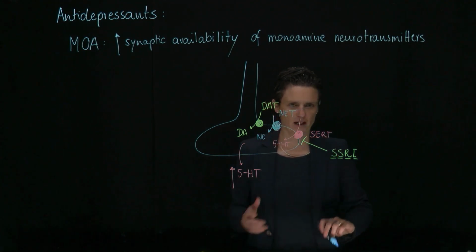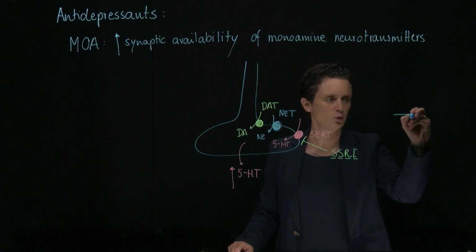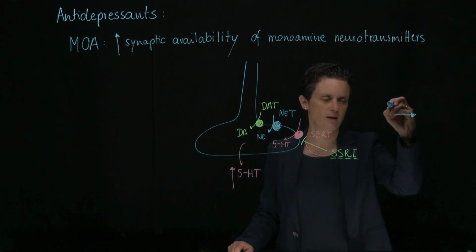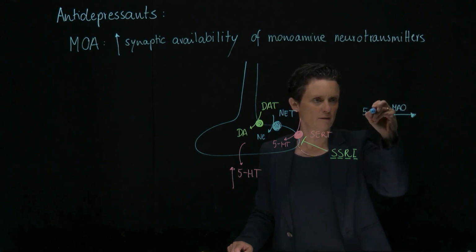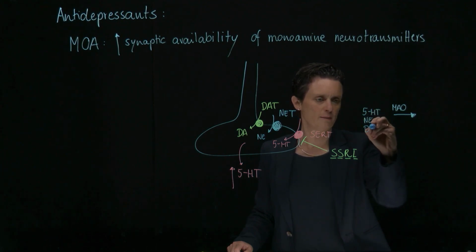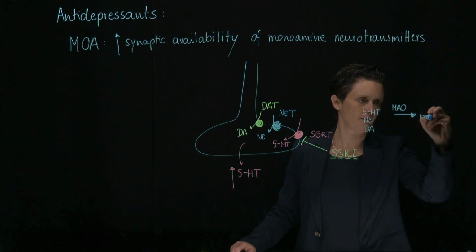Another mechanism of action generally is, well, these different monoamines are broken down by something called MAO, monoamine oxidase. So serotonin, norepinephrine, and also dopamine are broken down by this enzyme to inactive metabolites.